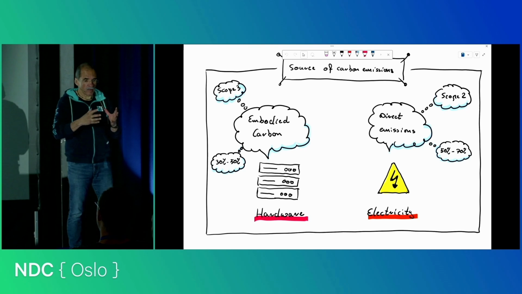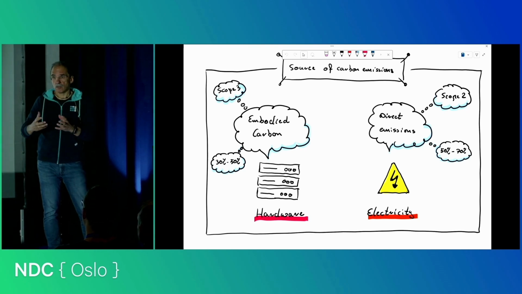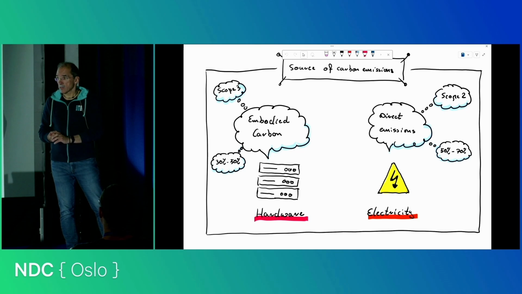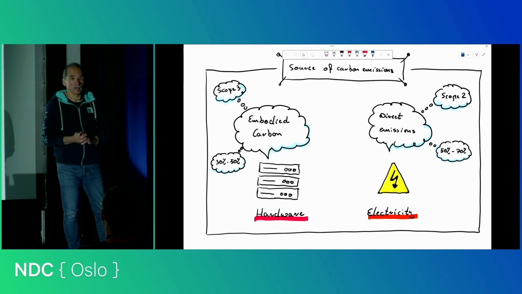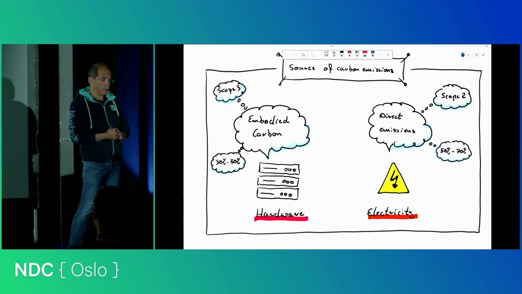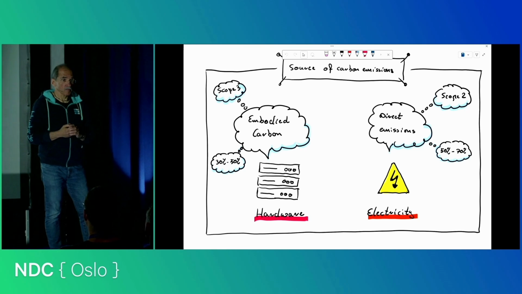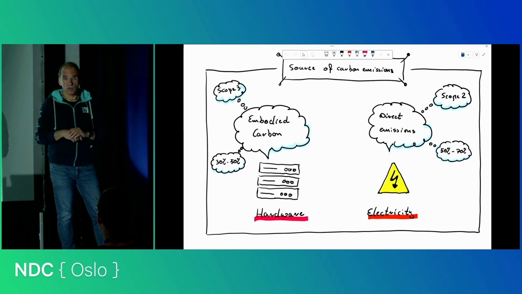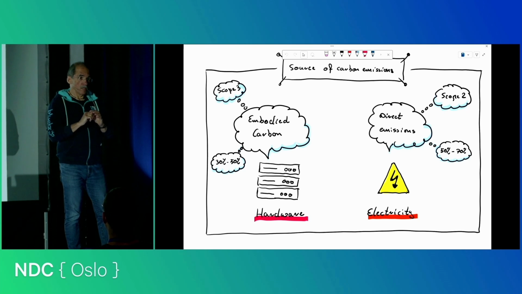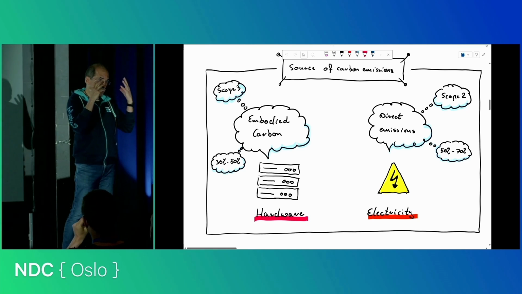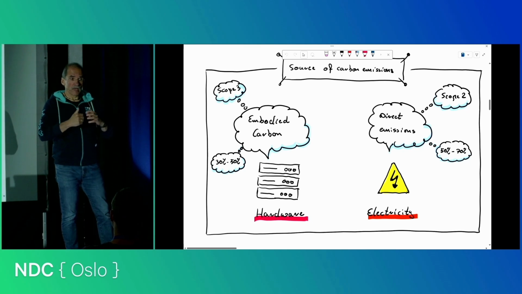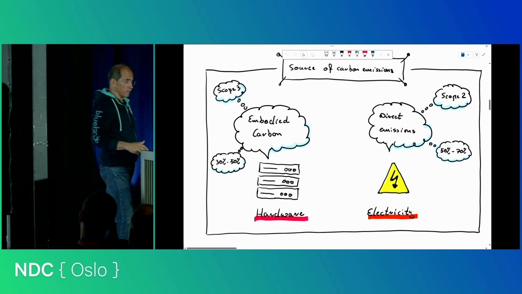And then we have emissions that occur because we are running the computers. So it needs power and energy for that. Direct emissions. And depending on which side you are looking at, if you are on the end user devices, then the end user devices have more embodied carbon.